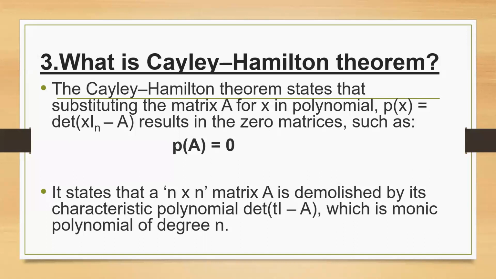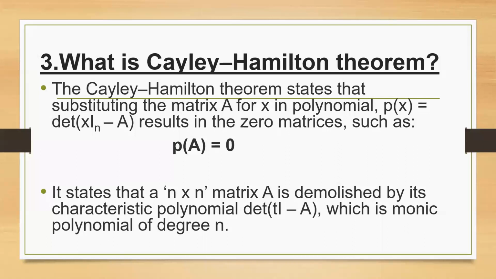And in the second point, the n by n matrix A is annihilated by its characteristic polynomial det of t times the identity matrix minus matrix A, where t is a variable, which is a monic polynomial of degree n.